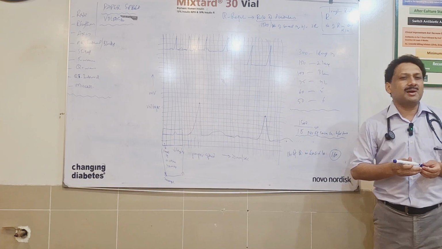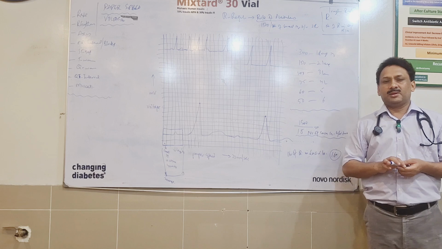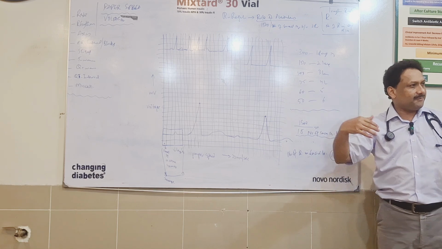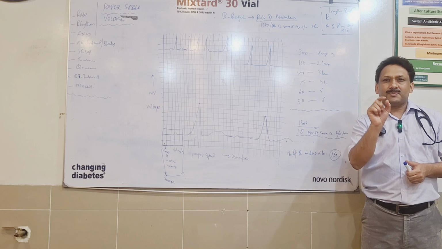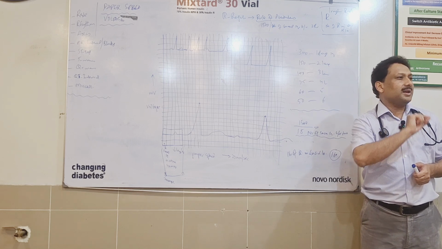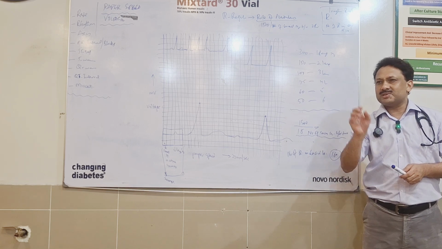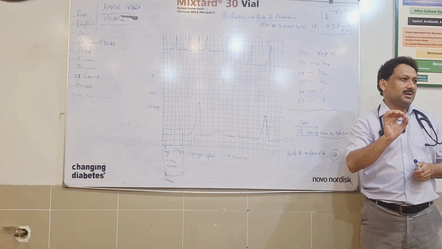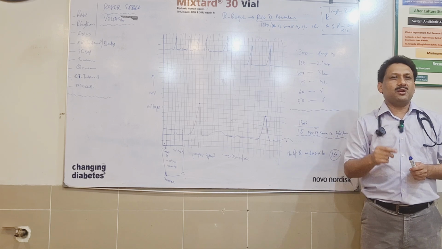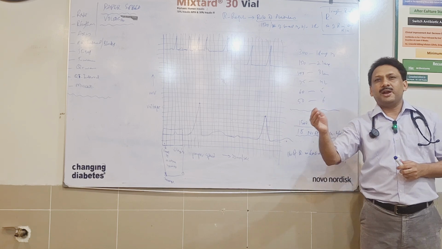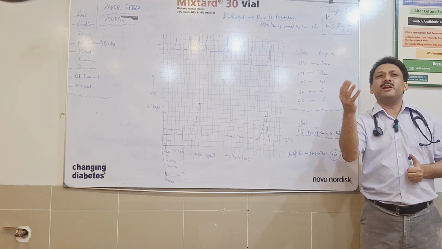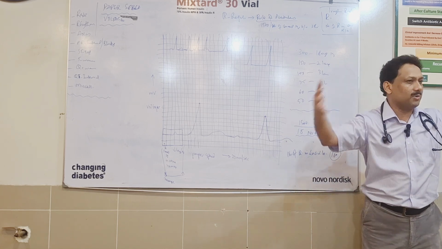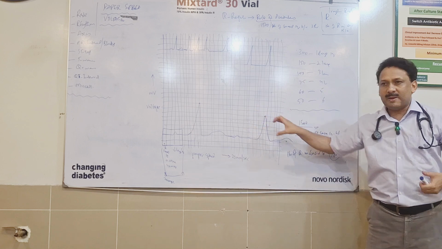Why does the machine sometimes slow down the things? The machine itself automatically slows down because on occasions there are certain subtle changes in the ECG, like in the setting of, say, atrial flutter. The flutter waves are very close to each other. You just cannot interpret them. The machine will slow down the whole paper.